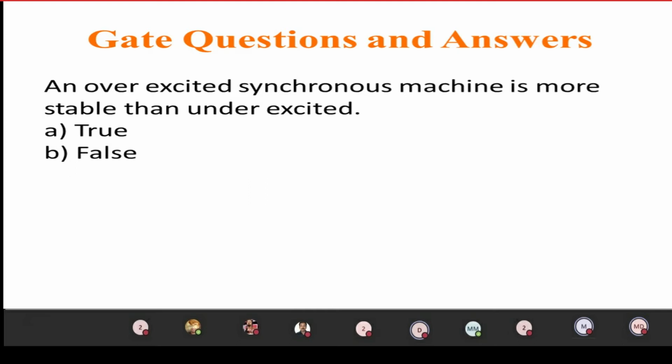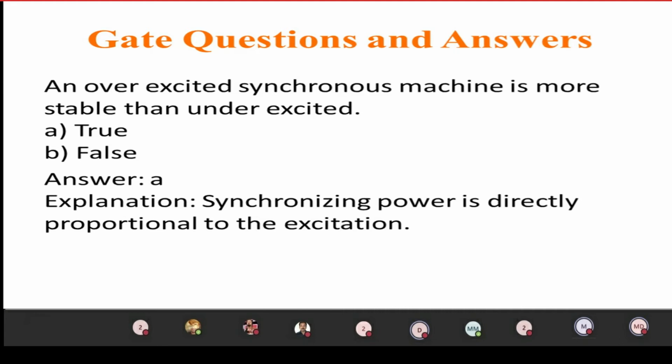The synchronizing power is directly proportional to the excitation. We know that. So A is true, and overexcited is more stable than under excited. So synchronizing power is directly proportional to the excitation. Excitation is nothing but providing DC supply to the field.